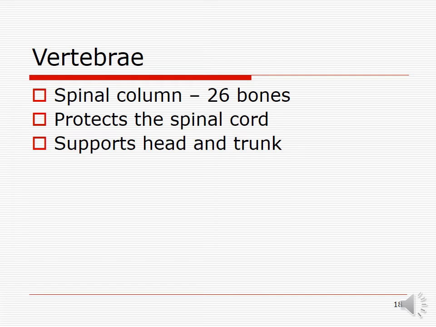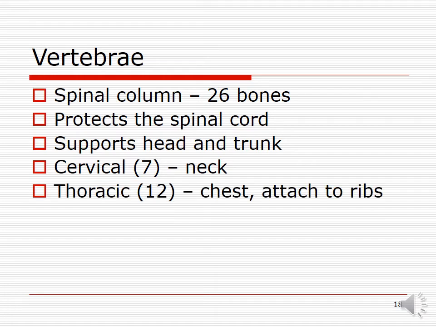Now, when we think about the vertebrae that compose the spinal column, we have 26 bones in the spinal column, and the job of these bones is to protect the spinal cord. These bones also help to support the head and then the entire trunk.